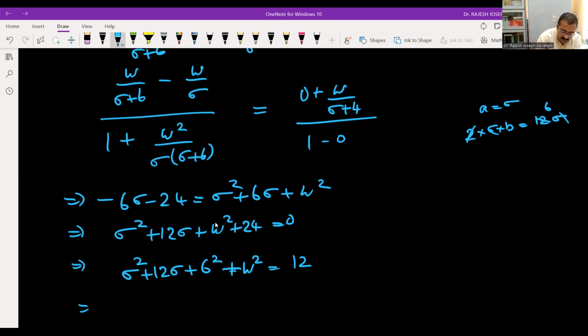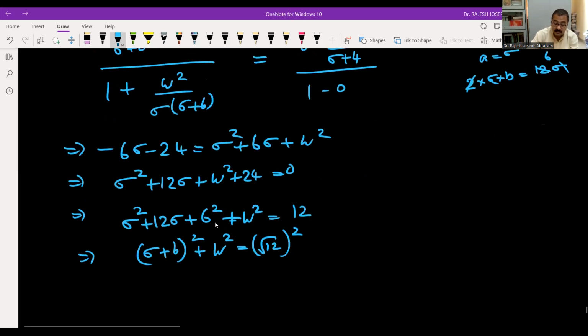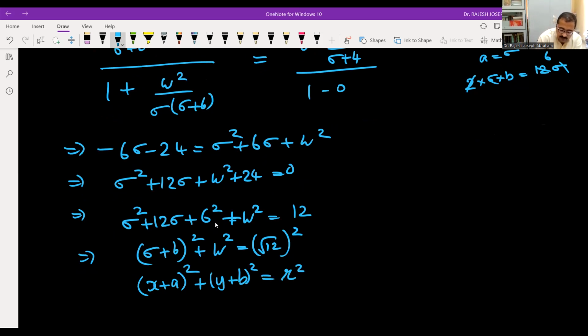So what is this? This is nothing but (sigma plus 6) whole square plus omega square equal to root 12 square I can write. Right? And what is this? This is similar to the equation of a circle. (X plus a) whole square plus (y plus b) whole square equal to r square, where minus a and minus b are the circle center and r is the radius.